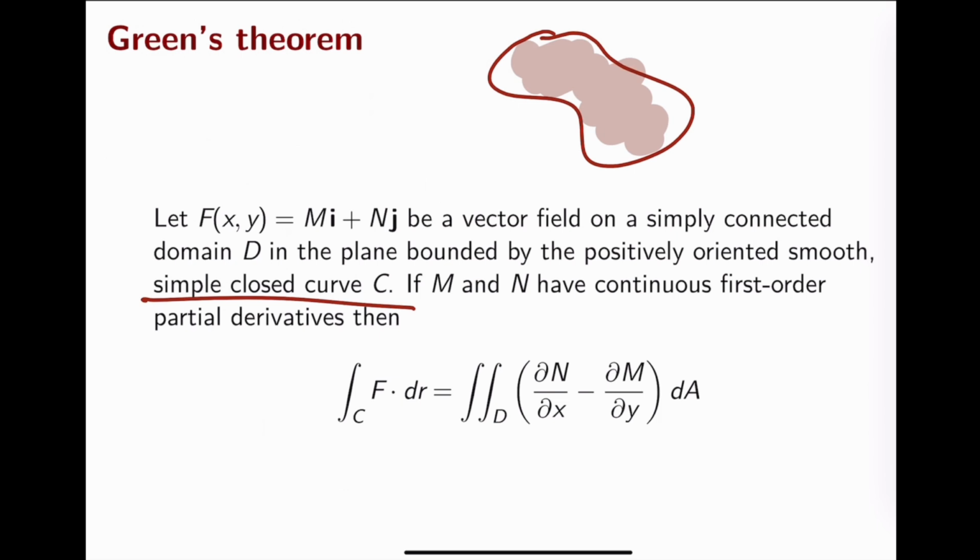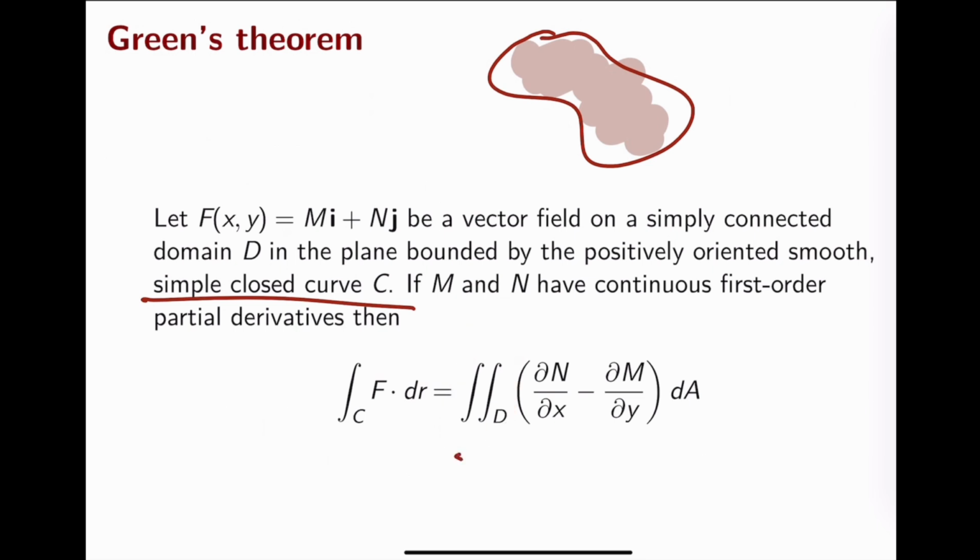So we are going to say that the line integral of the vector field can be calculated also in this way. And this way is not a line integral anymore. This is just a double integral over a domain that in general is easier to calculate than a line integral.